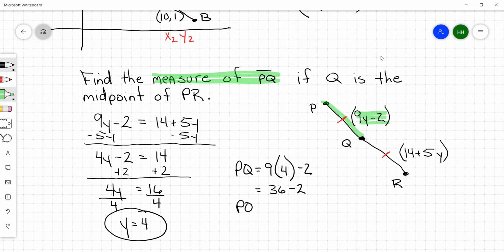So our PQ equals 34. Any questions on that? Distance and midpoints.